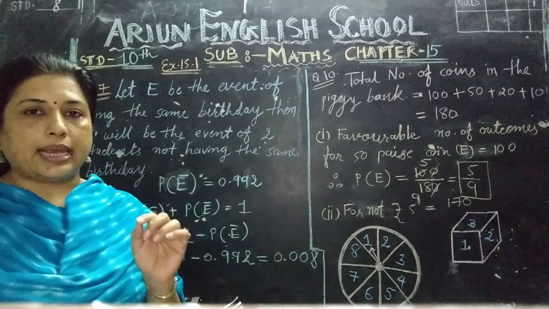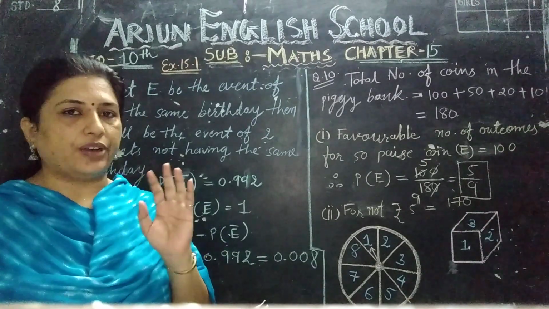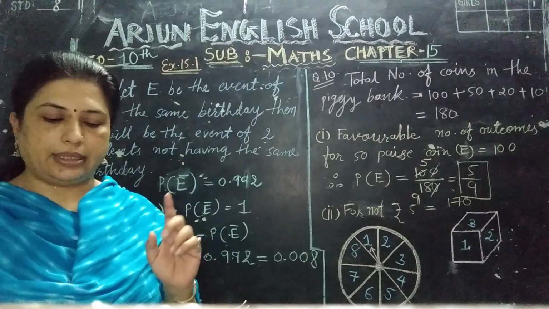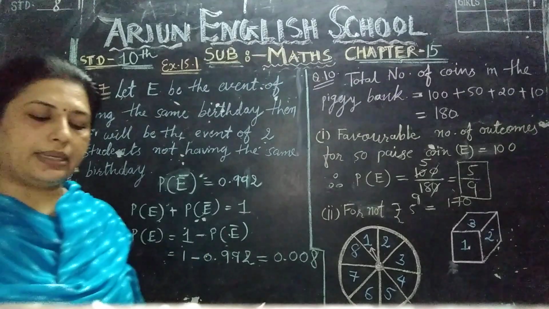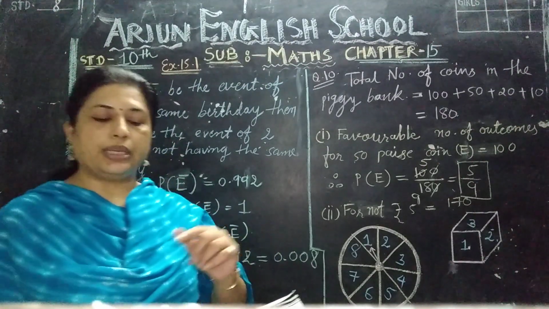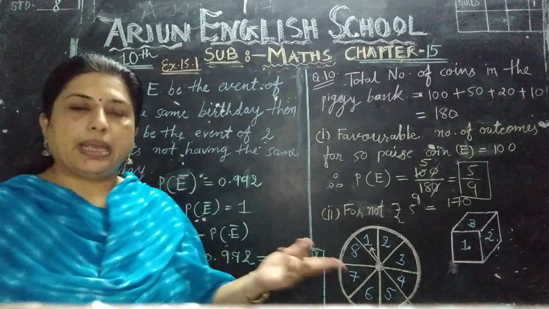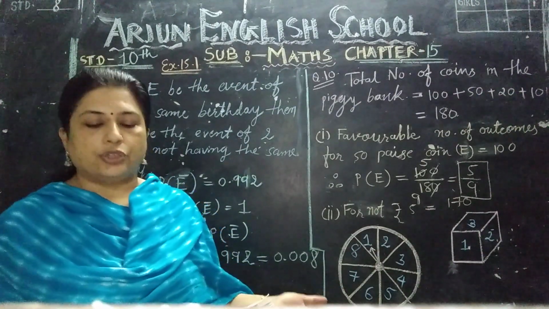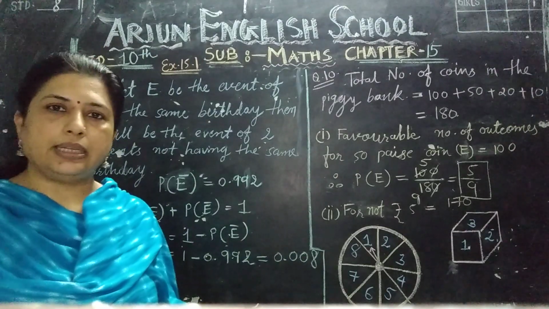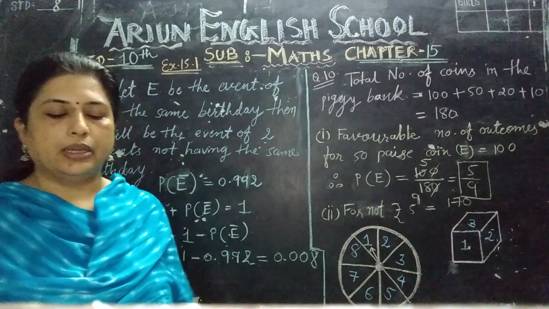Now you can say that total outcomes are 5 plus 8 means 13. What is the probability that the fish taken out is a male fish? Here we know that 5 male fish are there. So 5 divided by 13 is its probability.